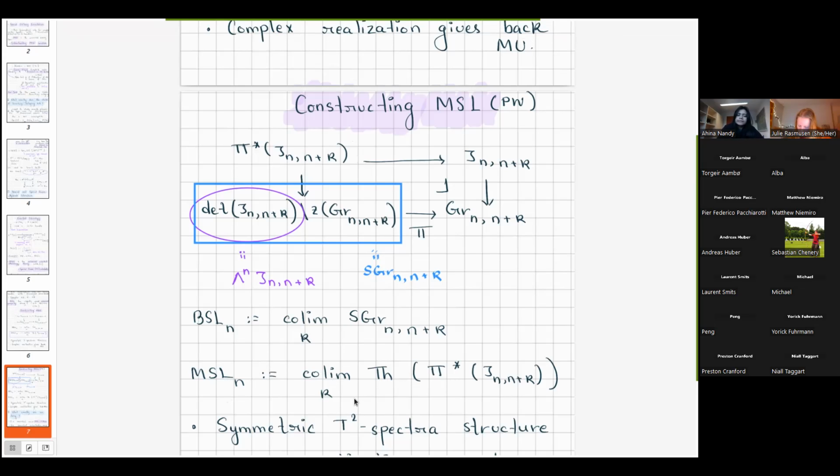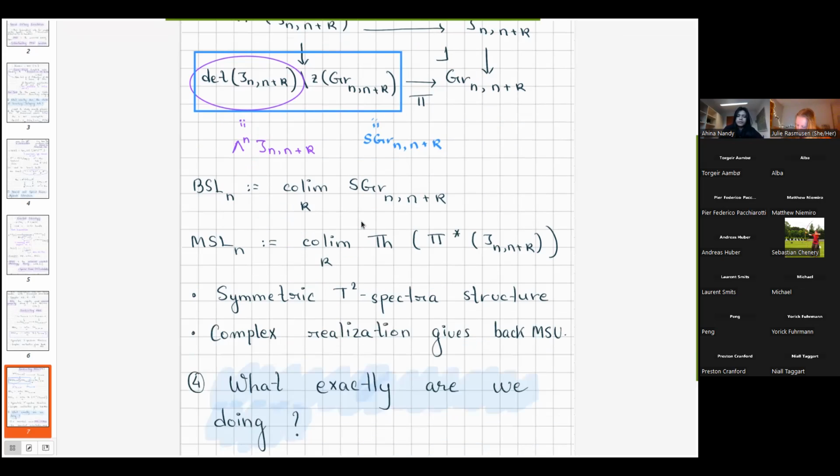So in some sense, this is the Thom space of a vector bundle over the special linear Grassmannians. It also has a ring structure. It can be given a symmetric T-spectrum structure. We're not going into detail there. And if we take the complex points, we get back MSU. So it really is a canonical analog of MSU.